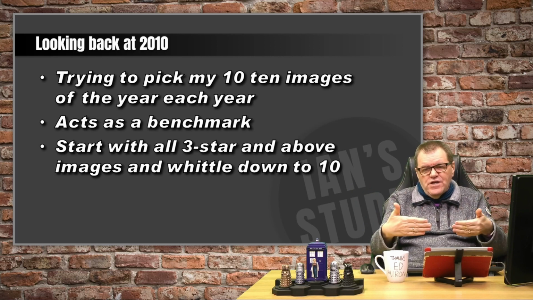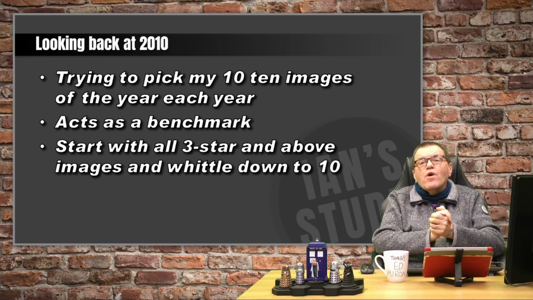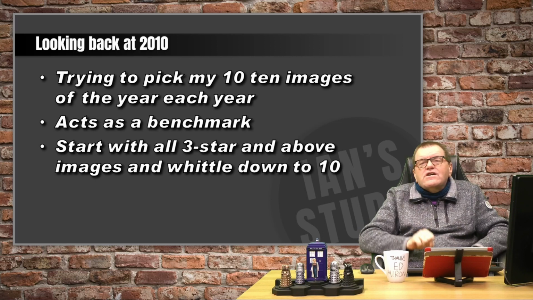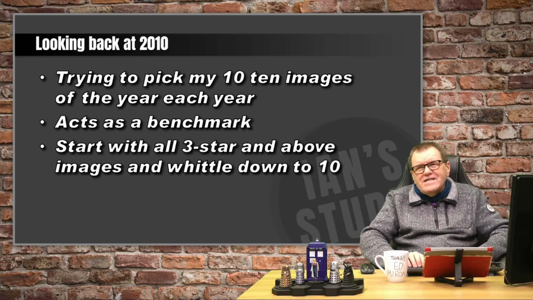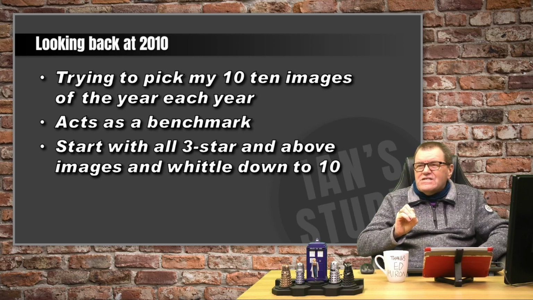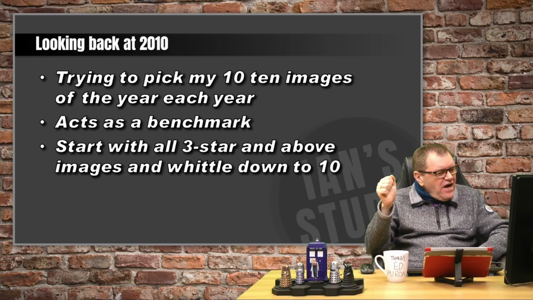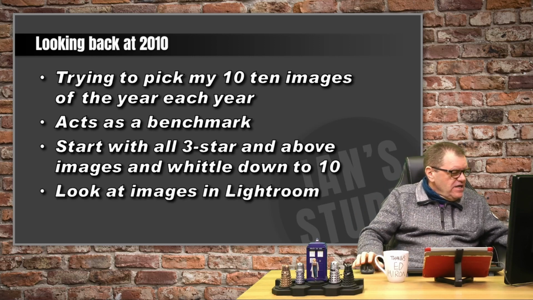So, right, looked at those, right, which was the best of those, and I whittled it down that way until eventually I got 20, and then it really got hard going through those 20 images to try and find 10 of them. And sometimes it's, well, I really want to keep that image in, but the others are better. And eventually I got 10 images, which I'll now show you in Lightroom.